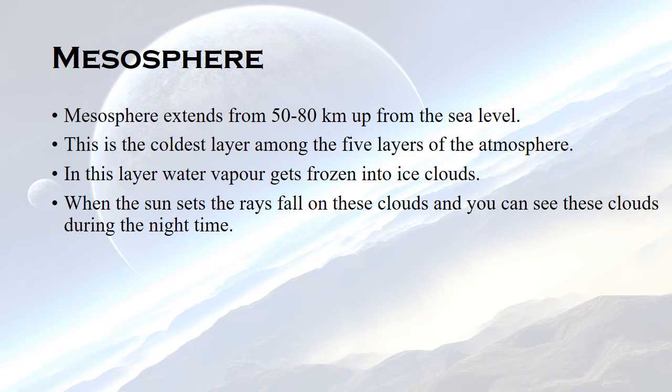In this layer, water vapor gets frozen into ice clouds. In this layer, you can see frozen ice clouds. When the sun sets, the rays fall on these clouds and you can see these clouds during the night time.